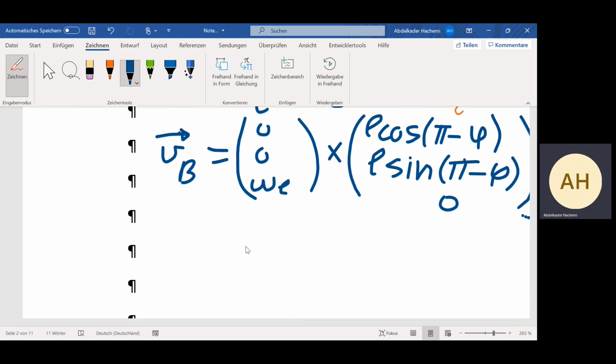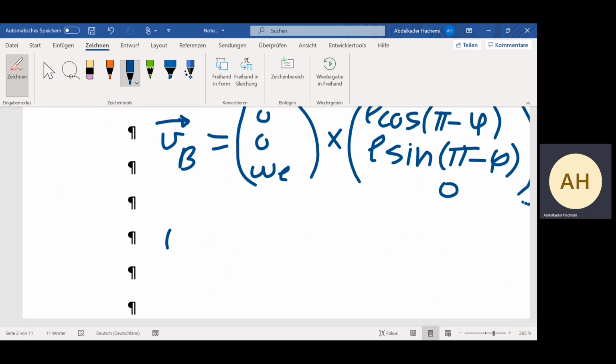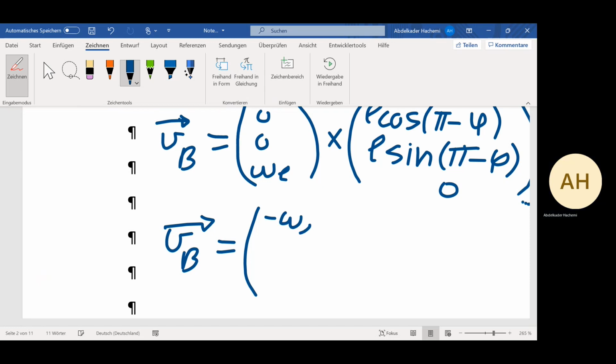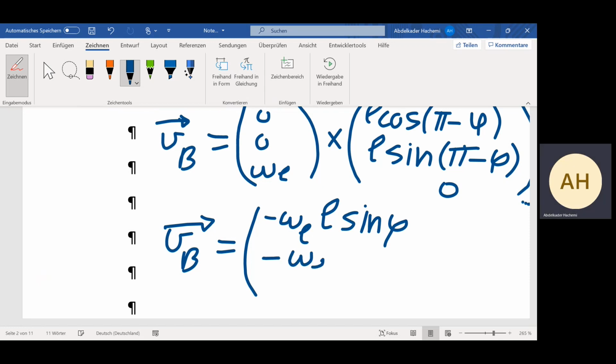Then we get here VB equal to minus omega L sine phi, minus omega L cosine phi in the Y direction, and the Z direction is 0.